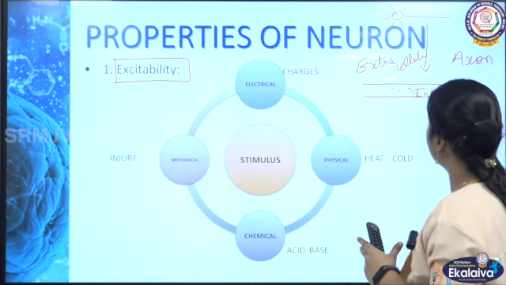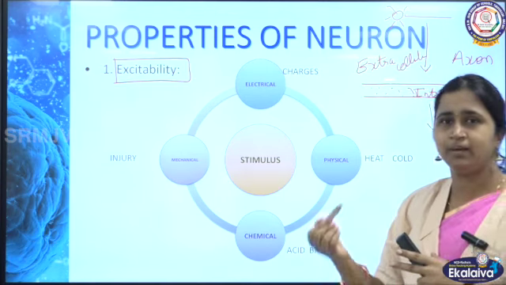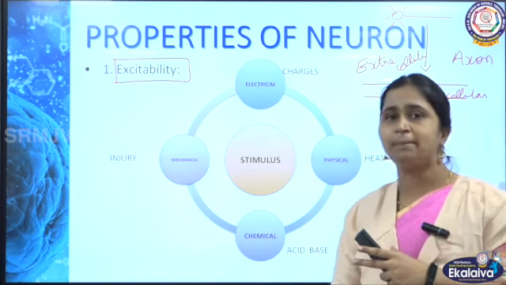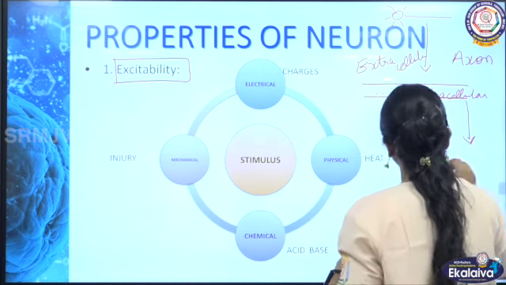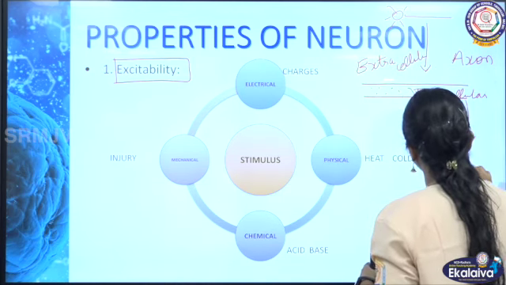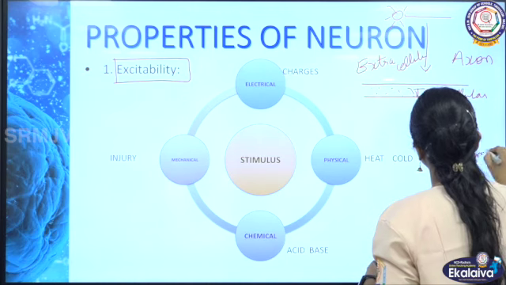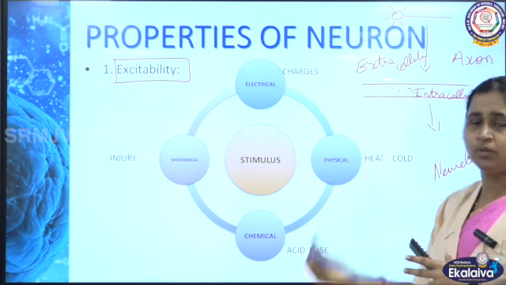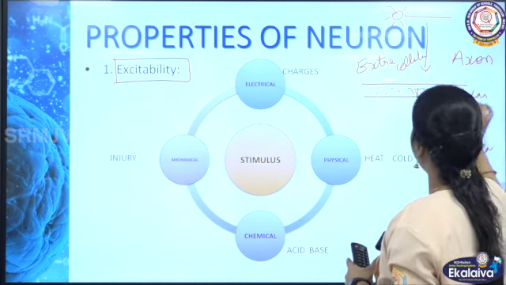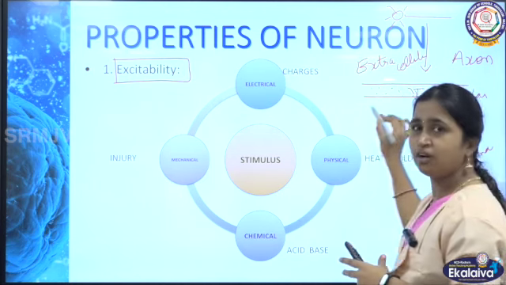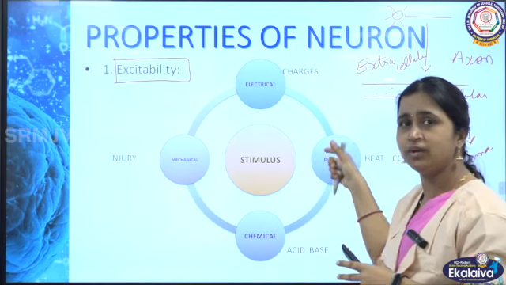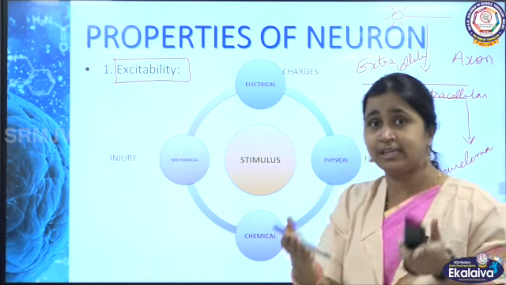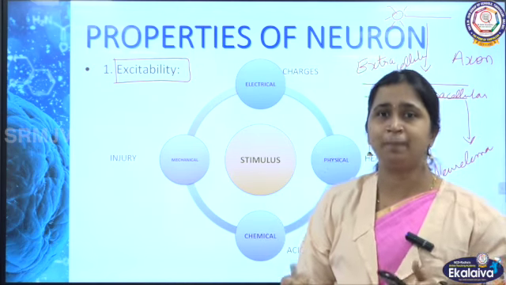And then the layer you call the plasma membrane in the cell. Here we call the outer layer neurilemma. Plasma lemma, like neurilemma we will call it. And then this structure, extracellular fluid, intracellular fluid, what will you call it? For example, if it is a cell, inside we call it cytoplasm.